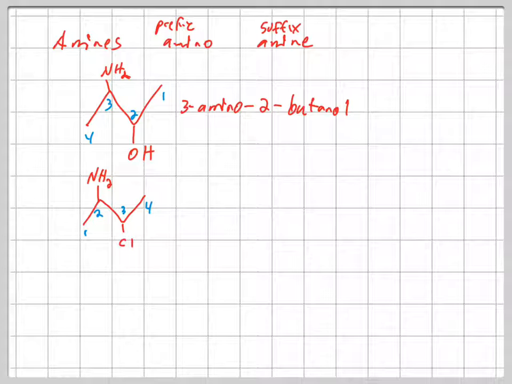And so in this case, it would be 3-chloro, and then butan-2-amine.